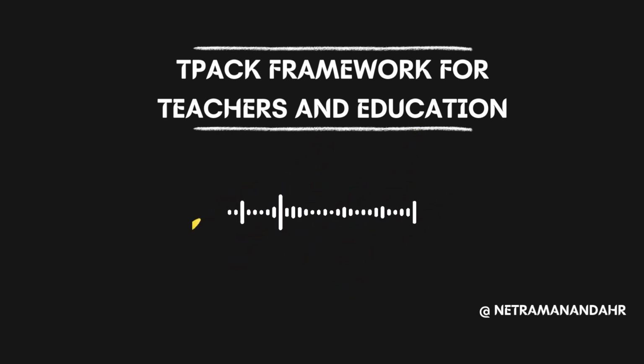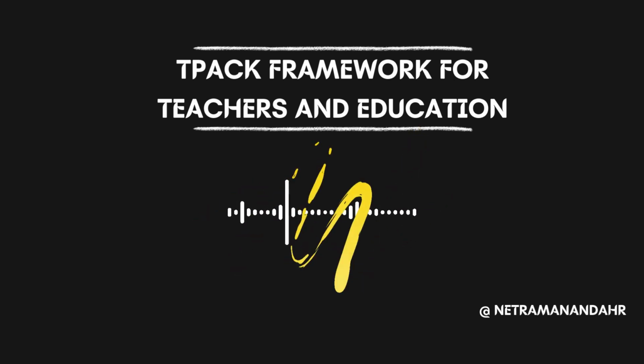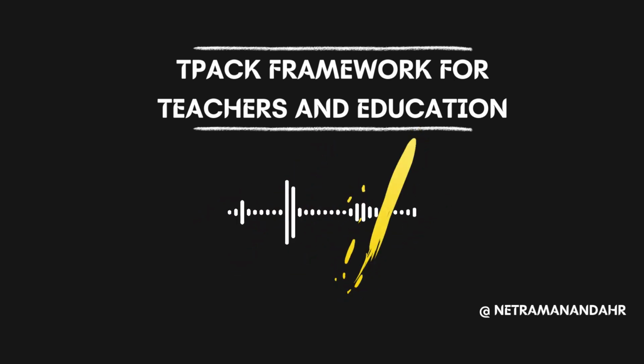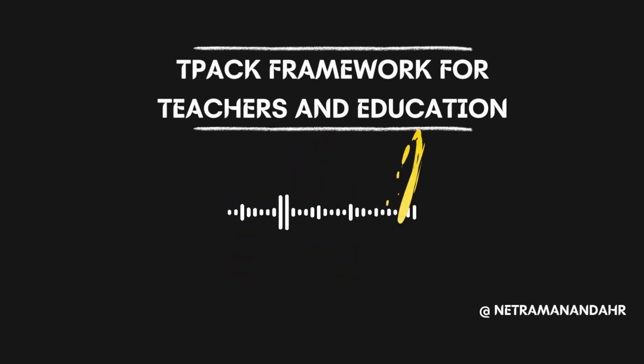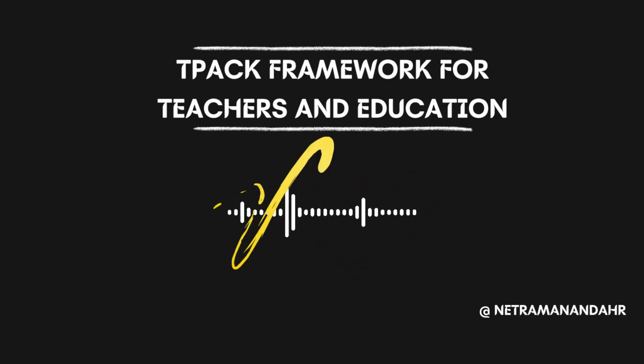Next up is content knowledge. That's where teachers really shine because they're the experts in their subject. Content knowledge is so important for choosing the right tech and using it the right way. It's knowing your subject inside and out, knowing where students might get confused, and being ready for what they need. So if I'm teaching about the American Revolution, content knowledge wouldn't just be the dates and names.